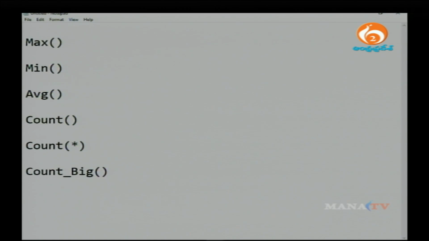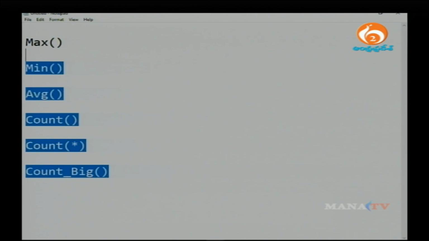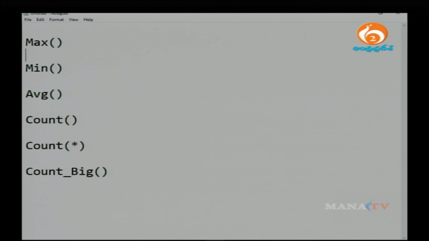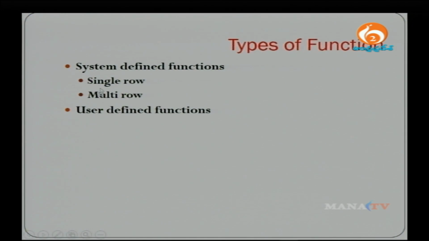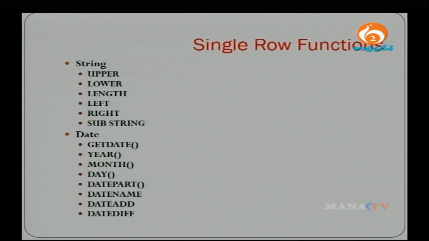These are the functions we already discussed in the earlier session. Today I am going to discuss single row functions: how they work and what functions we have. Let me start with the basics of string functions.